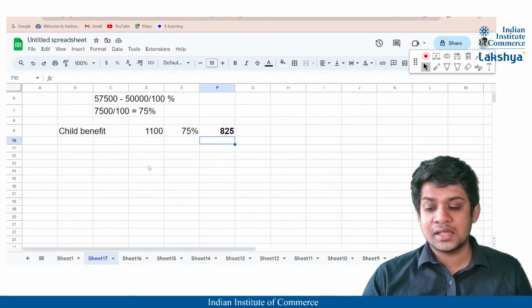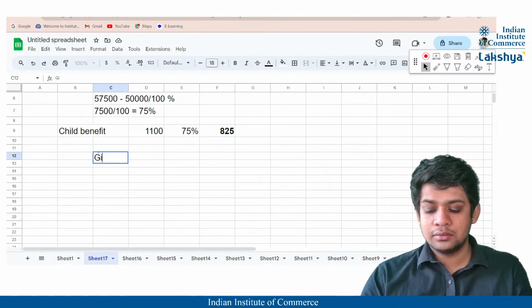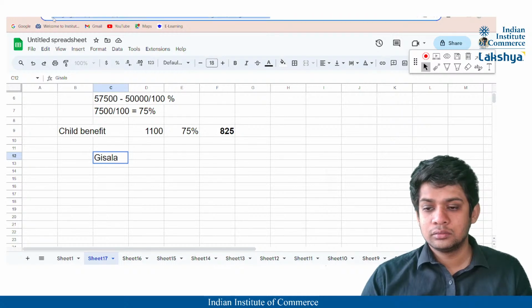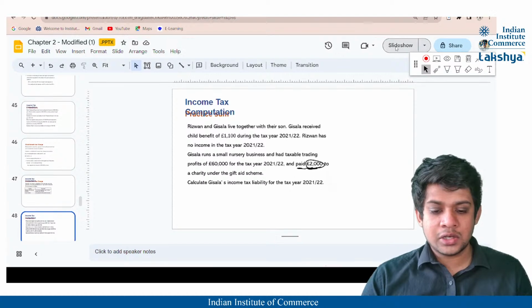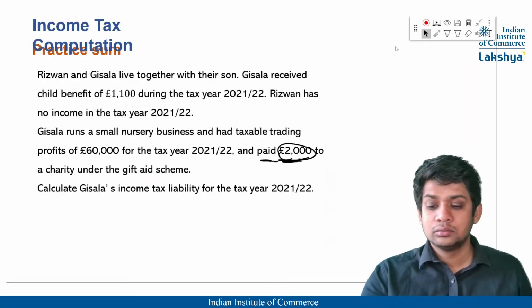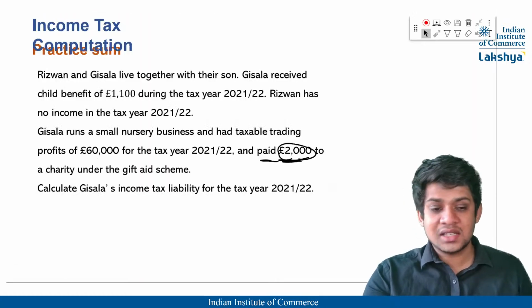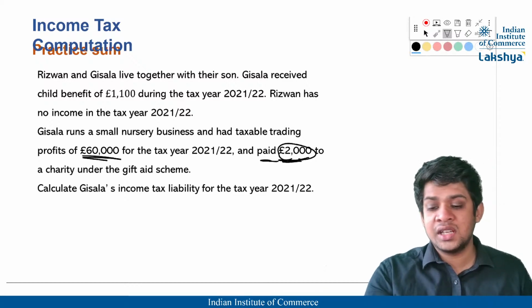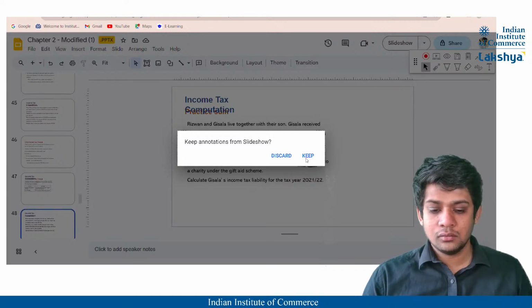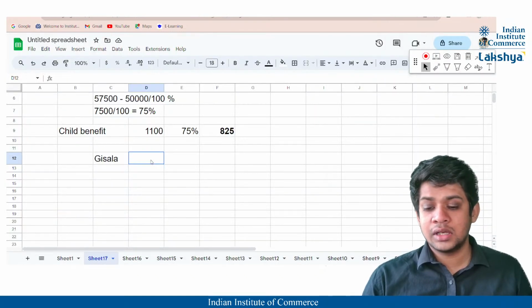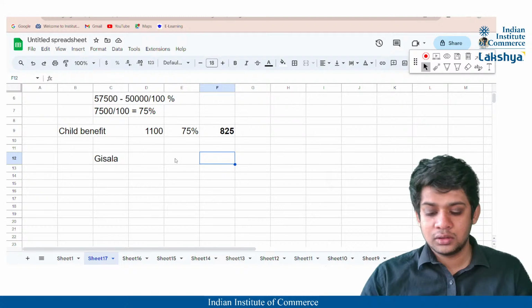For computing the tax liability, Gisela, you can see in this question, has taxable trading profits of 60,000 pounds. That is all which is required.